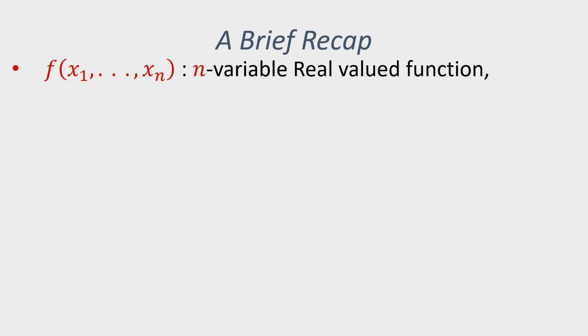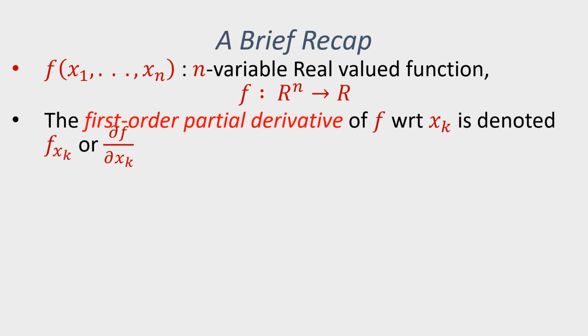We have an n-variable real-valued function, such as this. We denote that as a function over the reals, so it's n real inputs, a single real output.